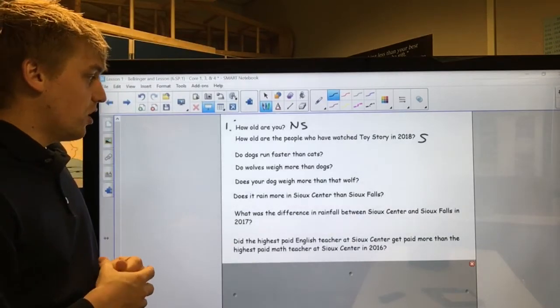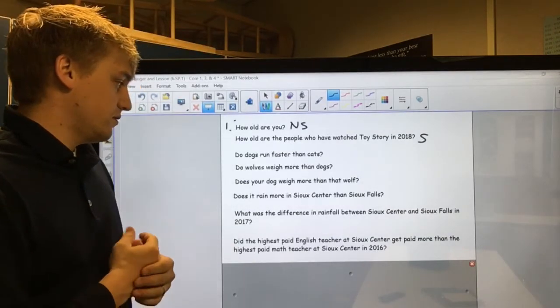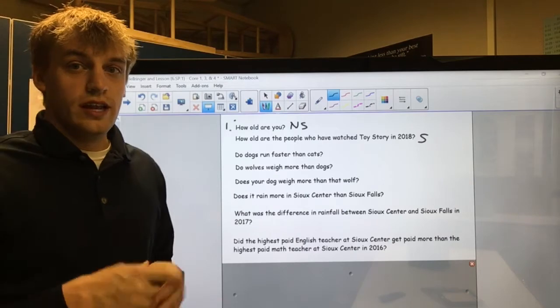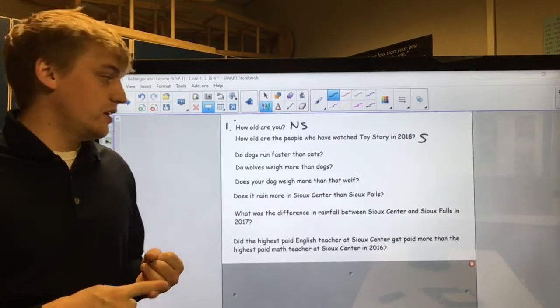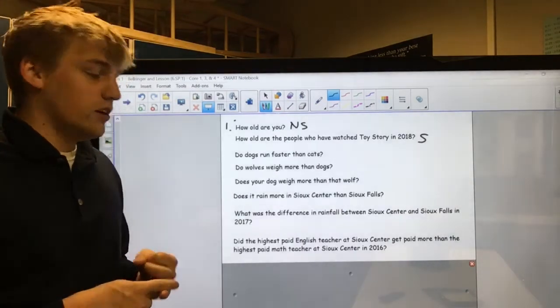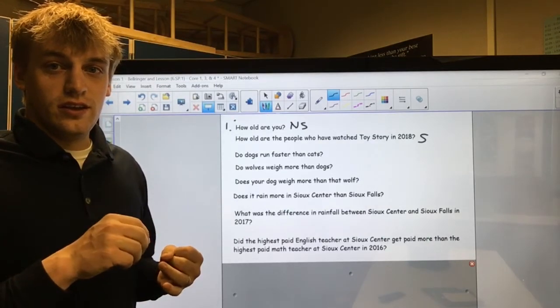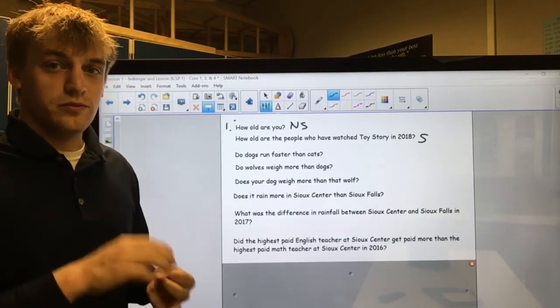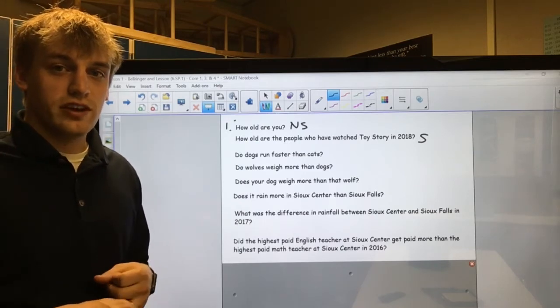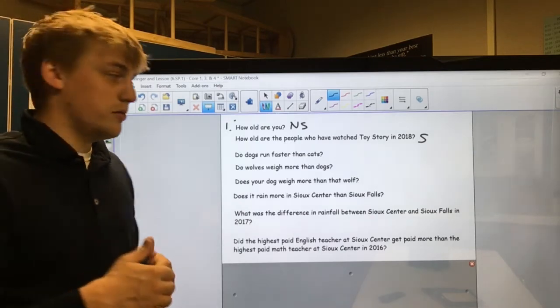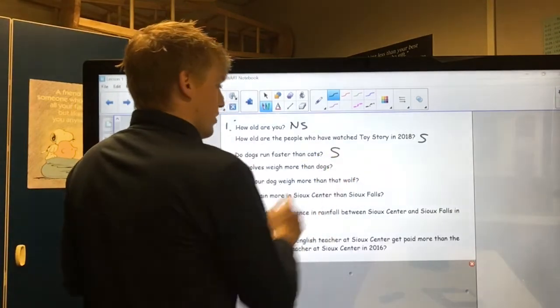Do dogs run faster than cats? Well, not all dogs run the same speed and not all cats run the same speed. Some dogs are faster than cats, some cats are faster than dogs. So there's a lot of variability. So this would be a statistical question.